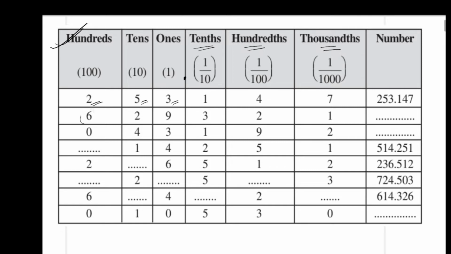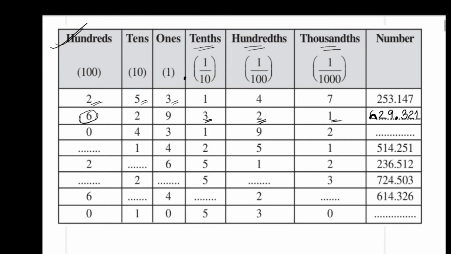Now see here, in the hundreds place 6, so we can write 6. Then in the tens place it is 2, ones place 9. After that we will put the decimal point. Then in tenths it is 3, after that 2, then 1. So this way you can fill the table.